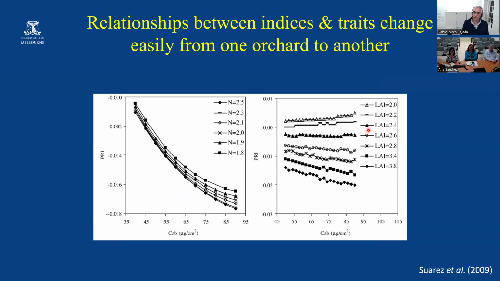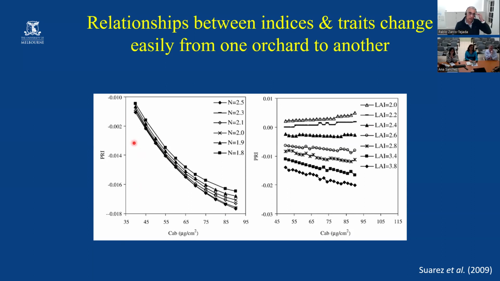Here we are not even talking about the effects due to the pathogen and the symptoms, just changes in the photosynthetic pigments or the structure of the canopy. So what is the meaning of a PRI of 0.01? Well, it's absolutely nothing. We don't know how to use it. It will work in the place where it was collected under exactly the same conditions, but cannot be applied to other conditions.